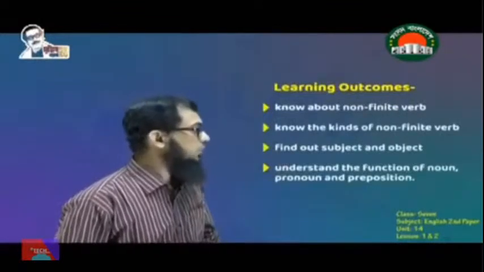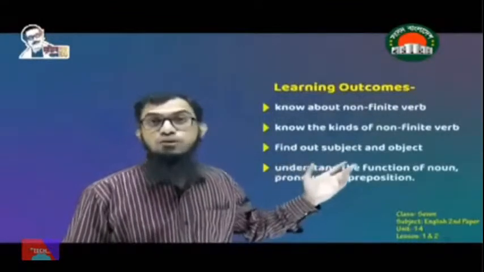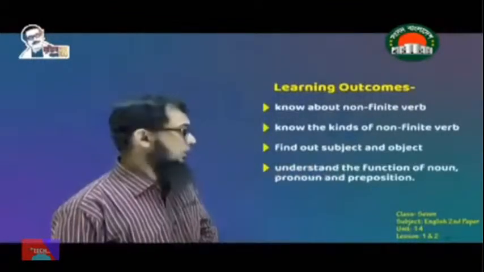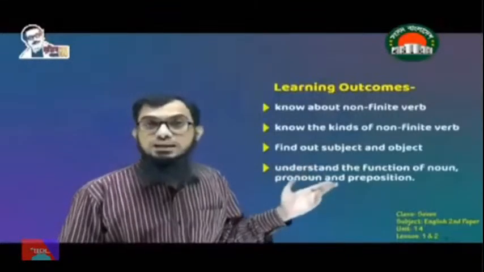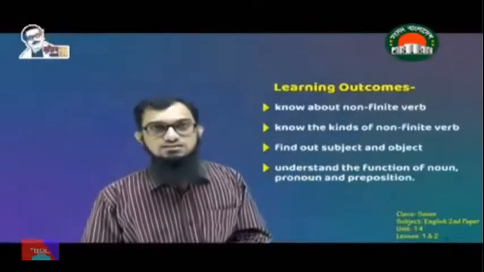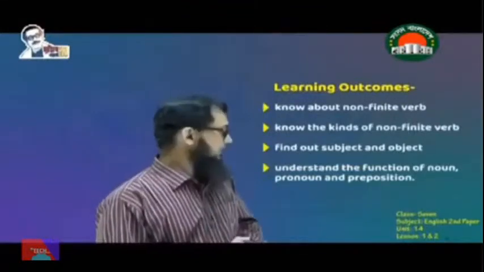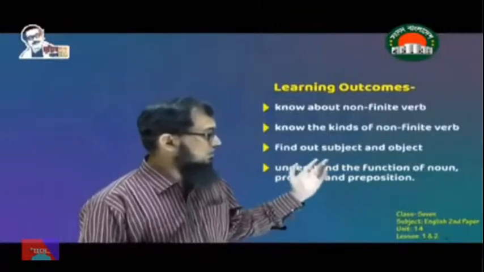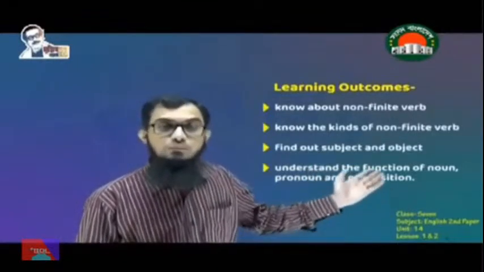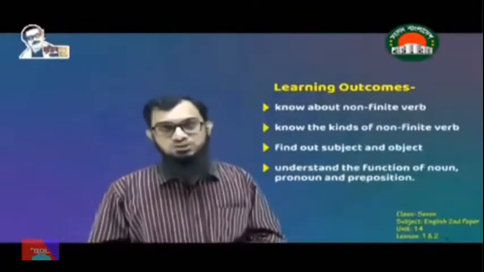They will be able to know the kinds of non-finite verb. They will be able to find out subject and object of a sentence. And lastly, they will be able to understand the function of noun, pronoun, and preposition.